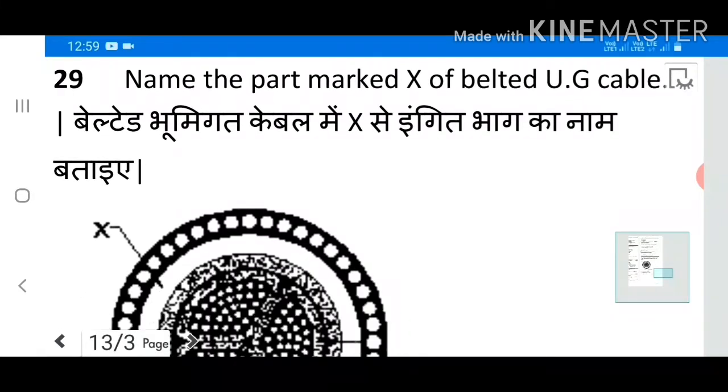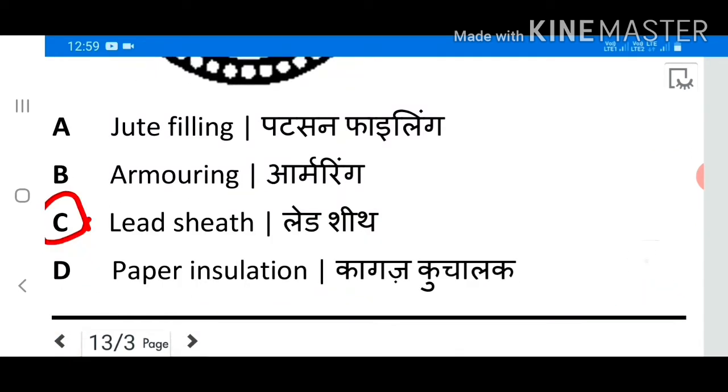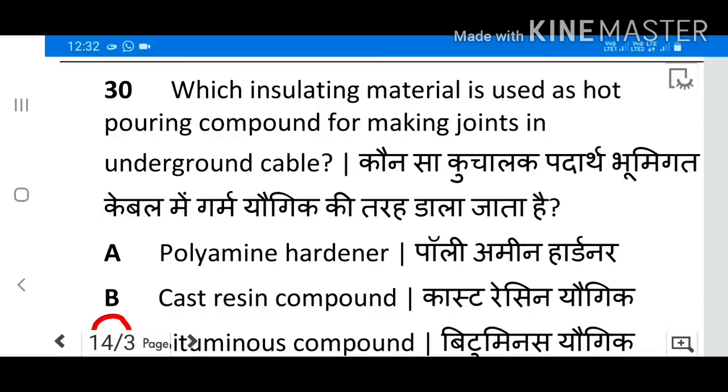29. Name the part marked X of belted UZ cable. Answer C. Lead sheath. 30.